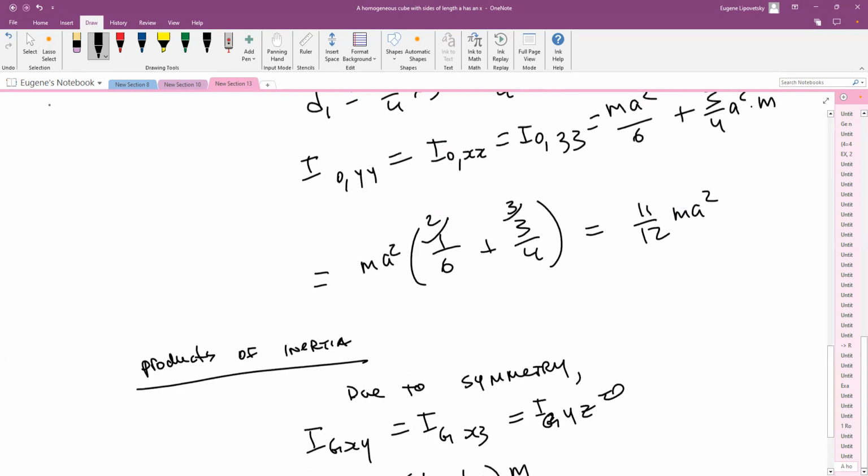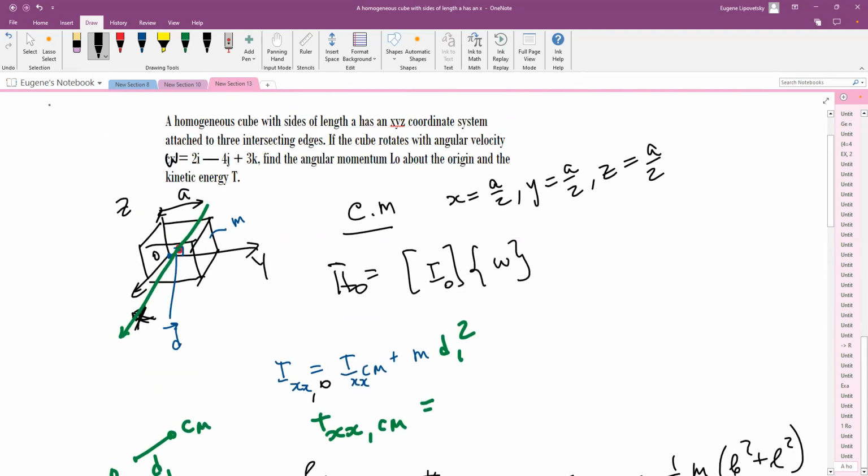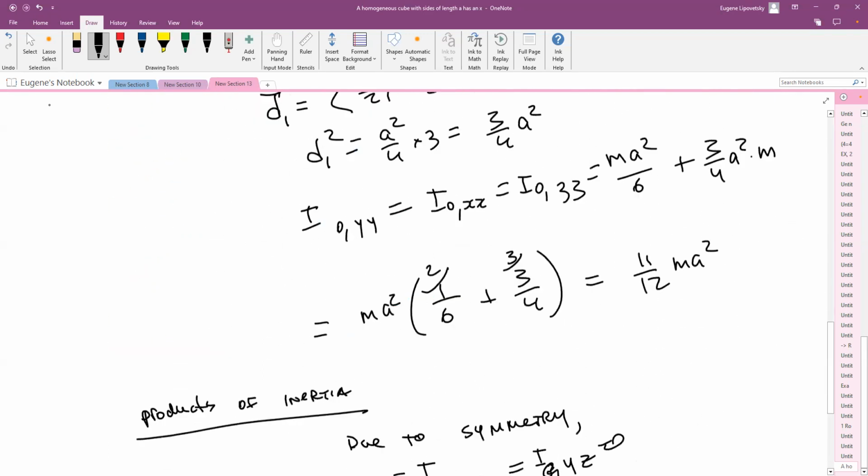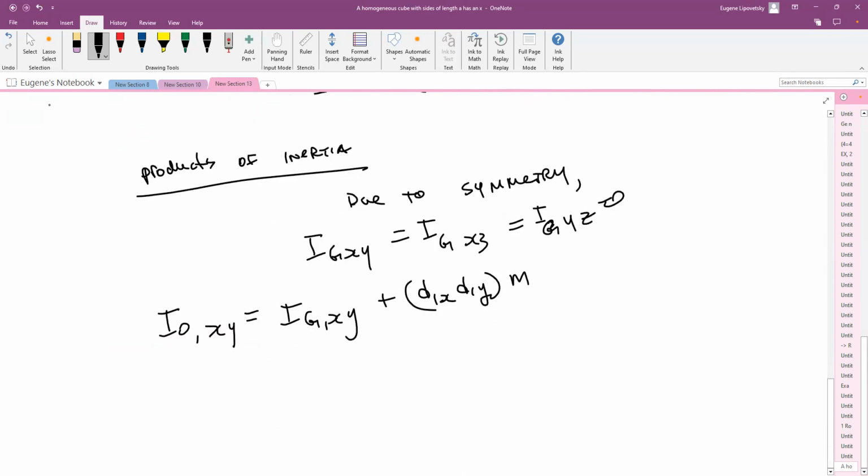Now d is the vector that is going from the origin to the center of mass. Therefore, it's going to be 0 plus d over 2 times d over 2 times m.